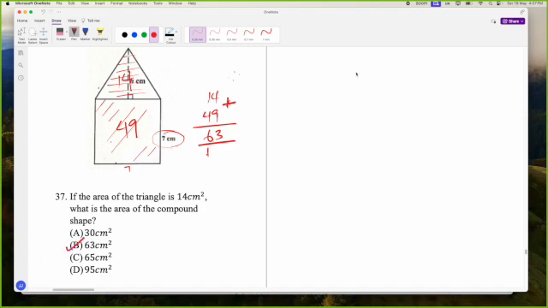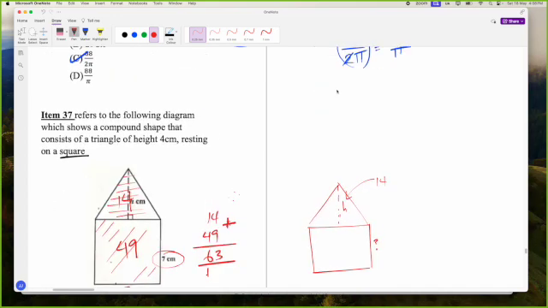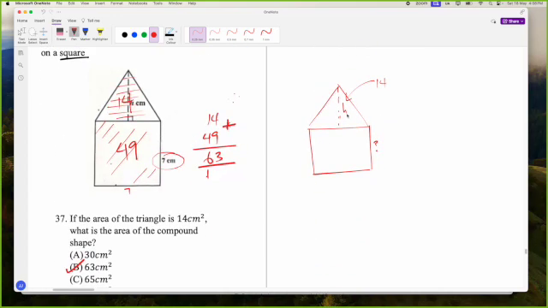However, I would have thought they would give you this with a height h, tell you this is a square without giving the side, and tell you the area of the triangle is 14 and the height is 4. Then you would use half base times height equals 14 to find the base.